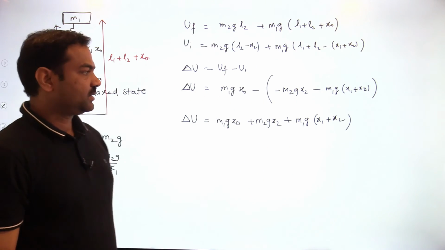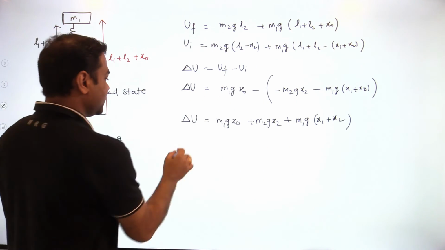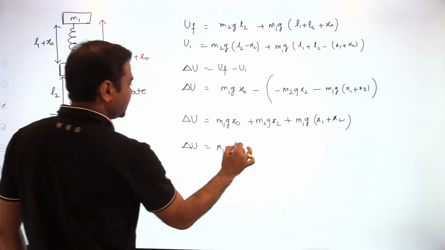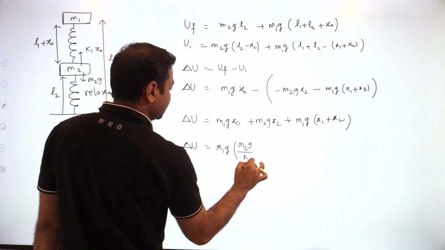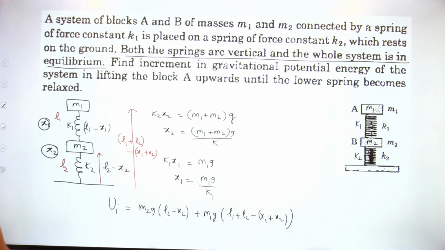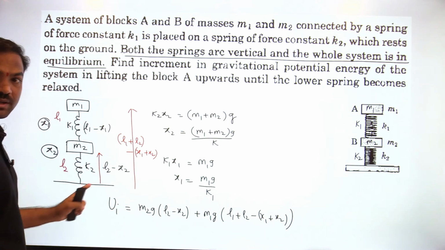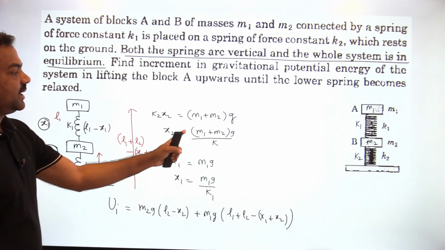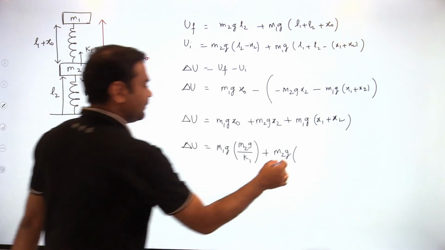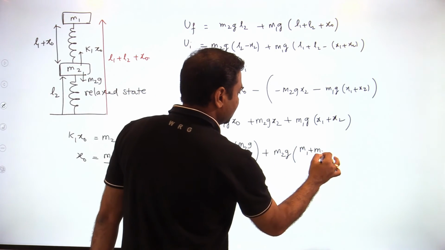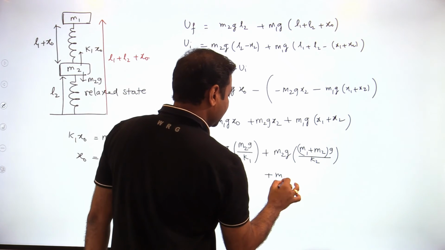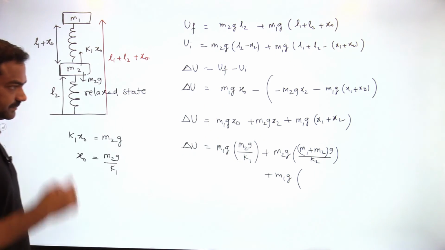Got it? Now write down all the X1, X2 values, whatever we know. So delta U equals M1 g into X0, which is M2 g by K1, plus M2 g into the X2 value. X2 is the compression in the lower spring, which equals (M1 plus M2) g by K2, plus M1 g (X1 plus X2).